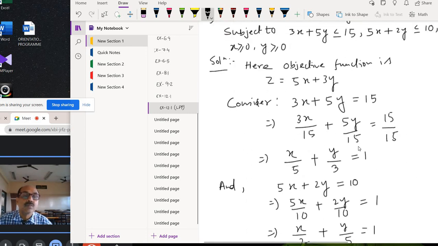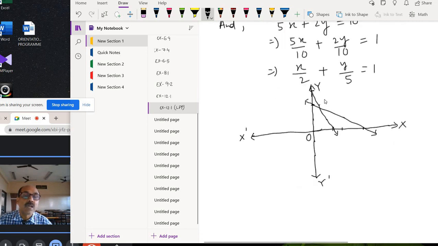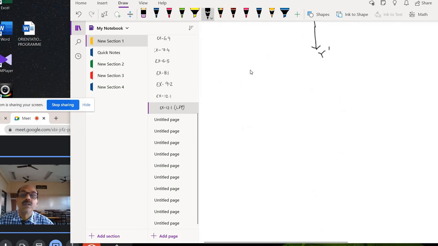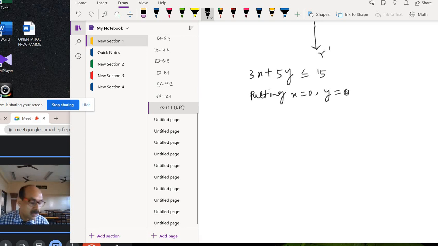Now find their direction. Put x = 0, y = 0 in the first equation, 3x + 5y ≤ 15. So 0 ≤ 15. Is it true or false? 0 is less than 15, it is true.